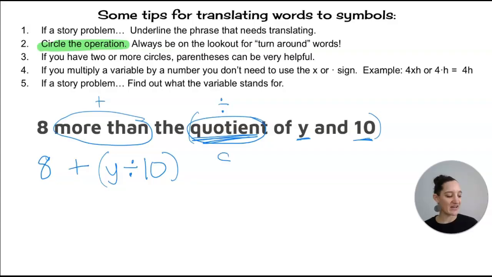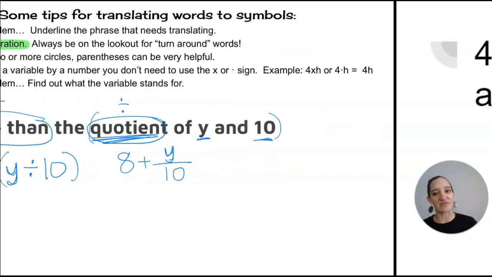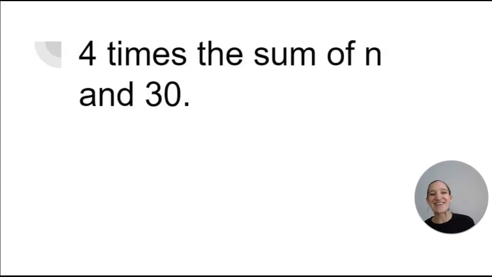We could write it like that, or we could write it like this, because both of those mean division. So that's an example of what we're doing today. We're taking a word sentence and translating it into a numerical or algebraic expression. Algebraic meaning we're using these y's because there's some type of unknown that we're unsure about.